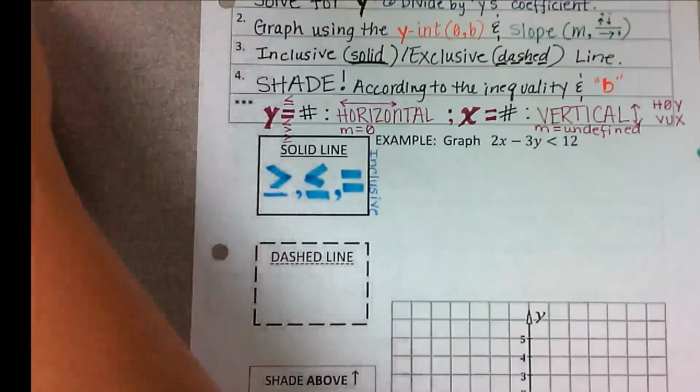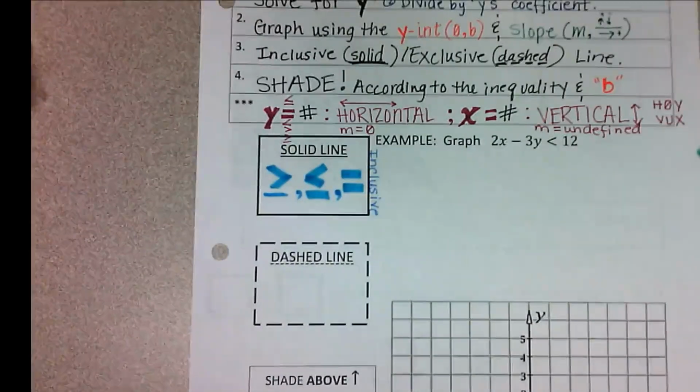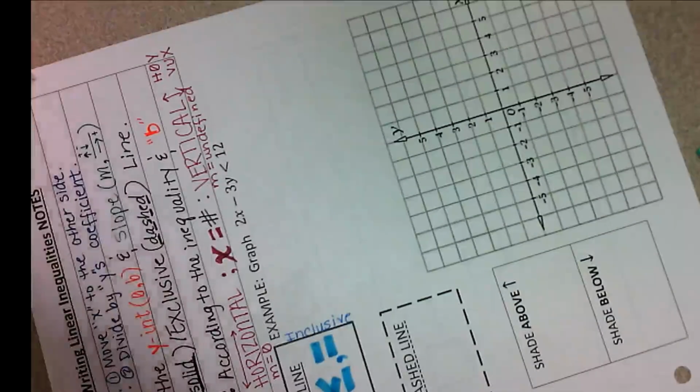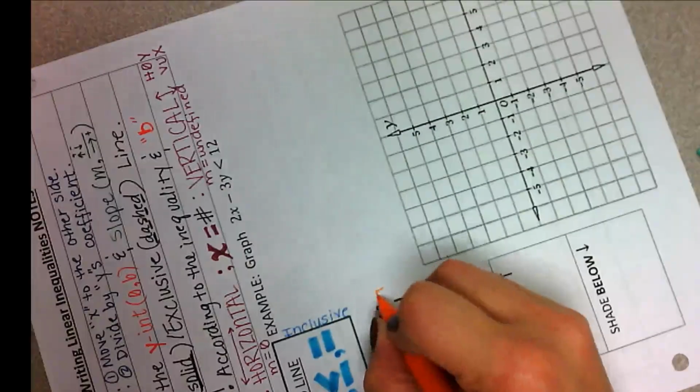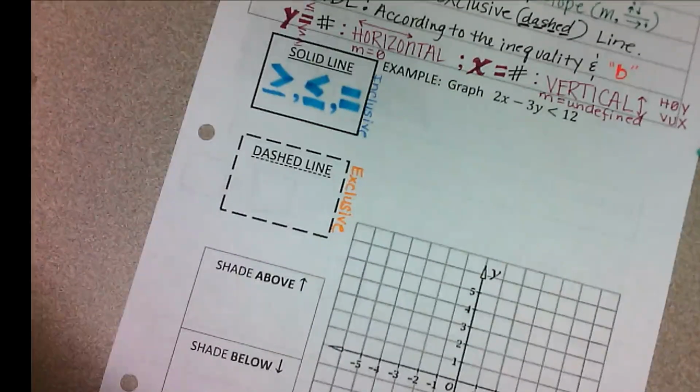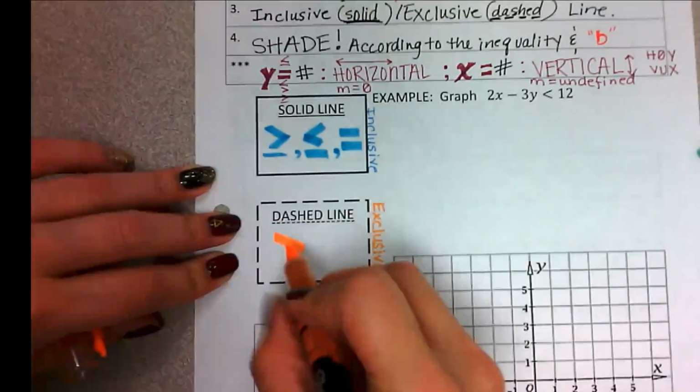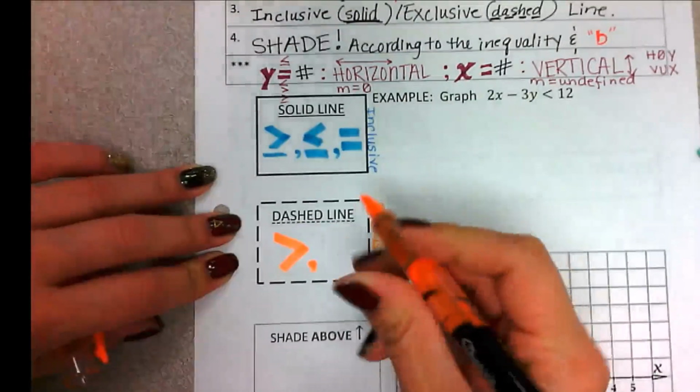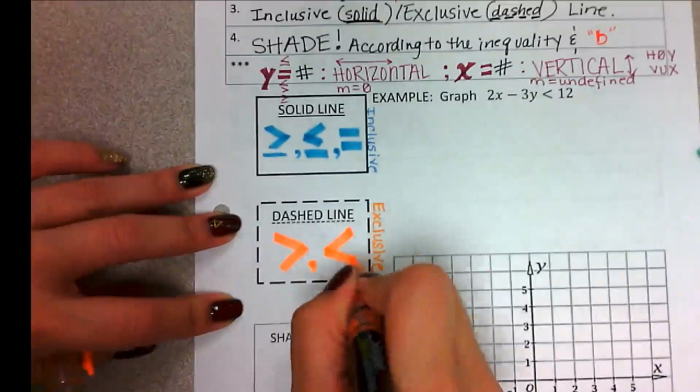In comparison, the opposite would be exclusive. So our exclusive symbols do not have the equal sign with them. That would be something like the greater than symbol or the less than symbol.